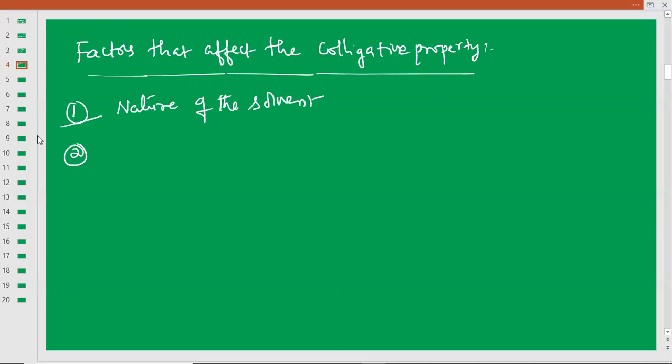Second factor, it is independent of the nature of the solute.